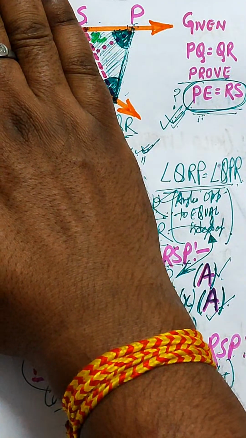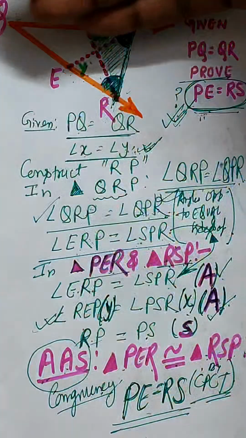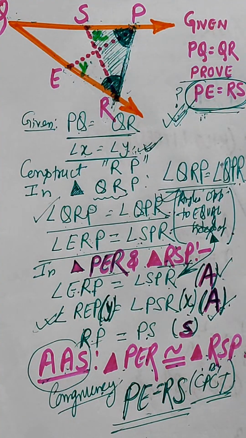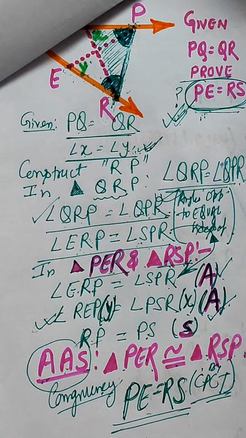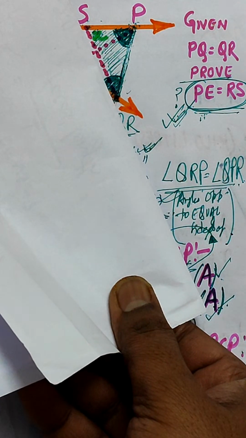This is one of the triangles, and this is the second triangle, right? Let me show you in such a way so that you will be able to understand. The second triangle is this one, and the first triangle is this one, right?